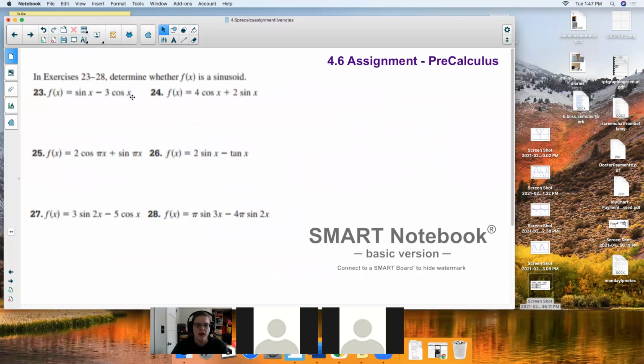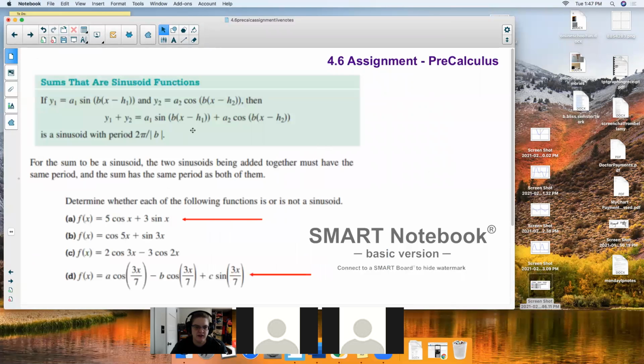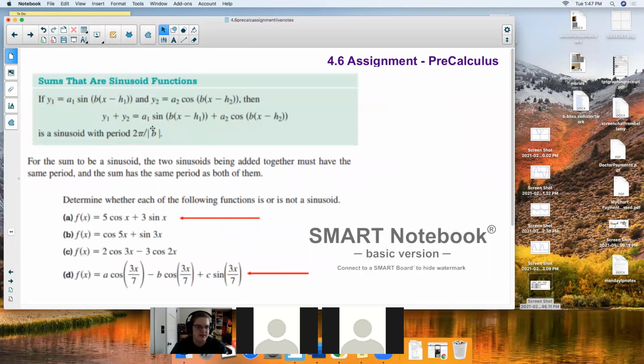Yeah. All right, so then the next ones here, we are talking about, is this sinusoidal or not? We don't necessarily have to graph all of them because the whole idea, at least from our notes here, was that sinusoidal functions can be written as a sine. So one of the pieces was that the same period is in both of them. So we understood that inside this sine and inside this cosine, they both had an x. Inside these cosines and sines, they had the same 3/7 x, versus these ones that didn't have matching inner parts there.